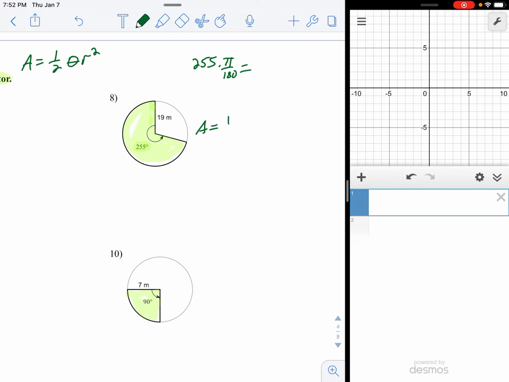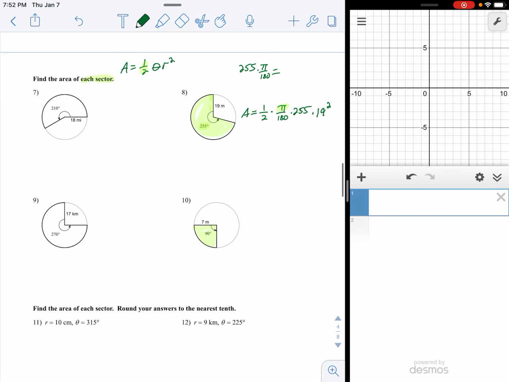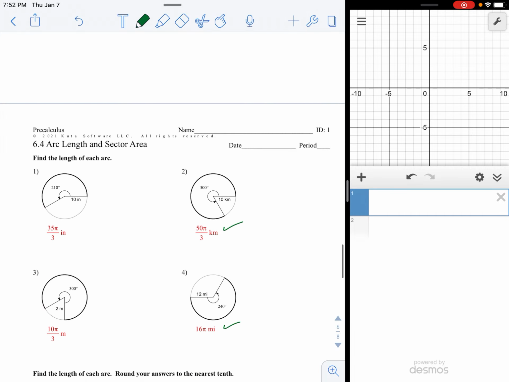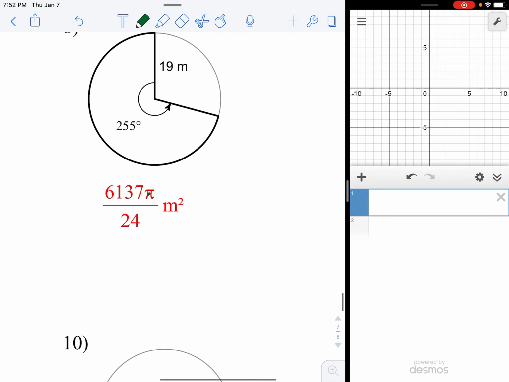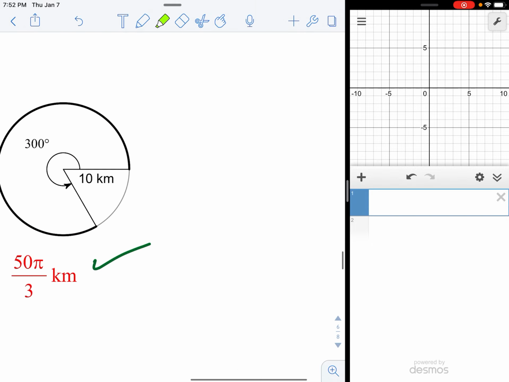So A equals 1/2, that's part of the formula, times theta, so that's going to be pi over 180 times 255, times r squared, so that's times 19 squared. So in the problems where you're leaving pi as the symbol, that's called leaving your answers in terms of pi. It's the same thing I did in the first section of the worksheet.